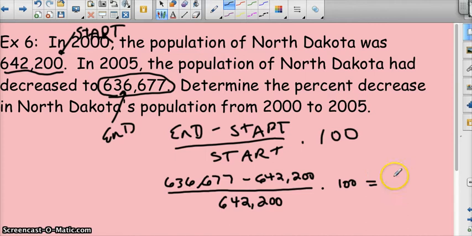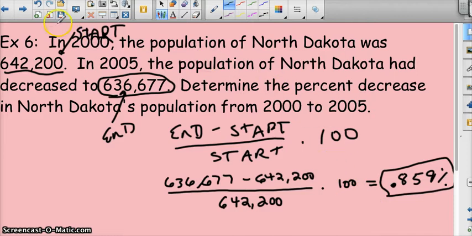Once this process is done, it should come out to be 0.859. 0.859 is a percentage, guys. And what this means is that the actual population, and you should see it as negative 0.859, by the way, just means it went down by 0.859%, but we don't actually write it as negative. The amount that it decreased was 0.859%.